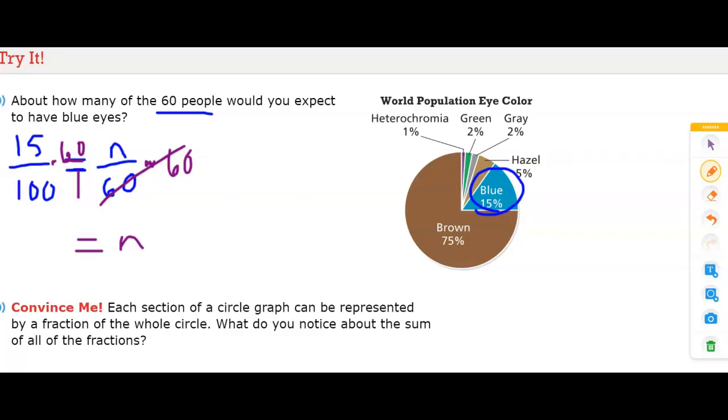And so you have 15 times 60, which would give us, let me double check my math, 900, and then over 100. And then you divide that, and that will give you 9. So there are 9 total people with blue eyes.